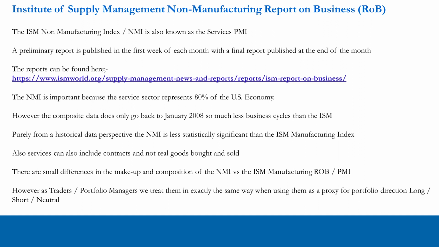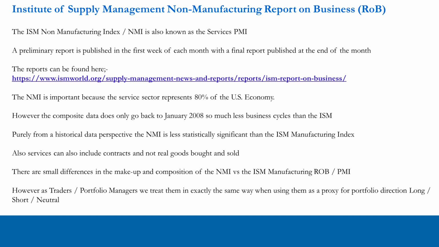You'll see later in the video that the components data of the NMI actually goes back to 1997. So from a trader's and PM's perspective, we don't discriminate against the NMI just because it has composite data only going back to Jan 08.